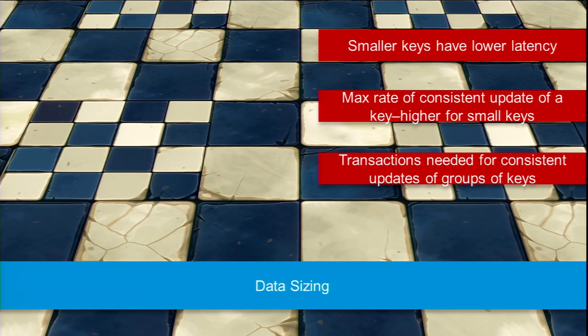One other consideration is that you have a hard limit, and this isn't Couchbase, this is just the physics of dealing with a distributed database, on how often you can mutate a specific key.